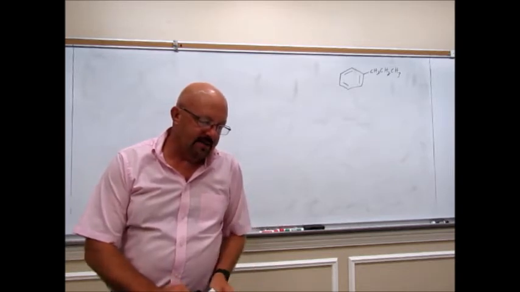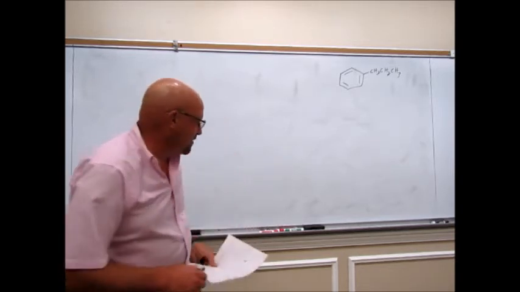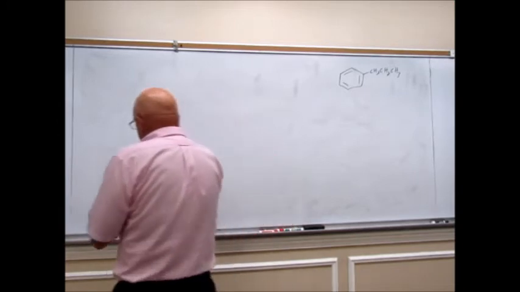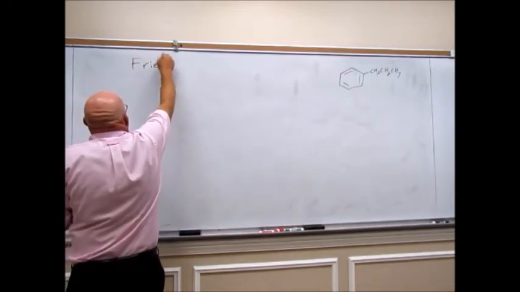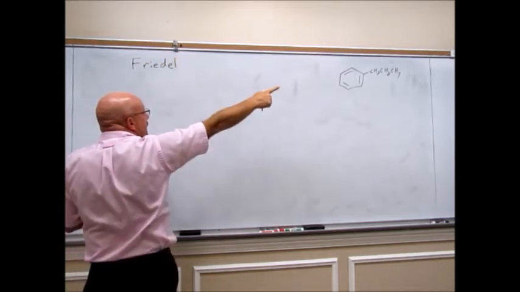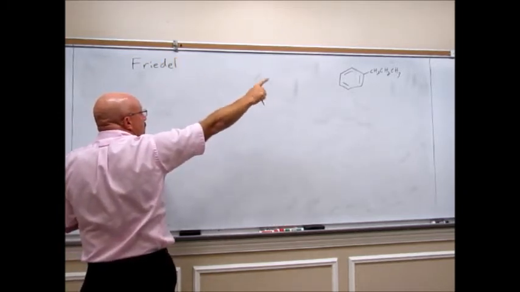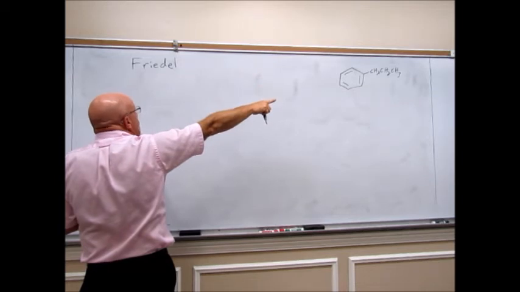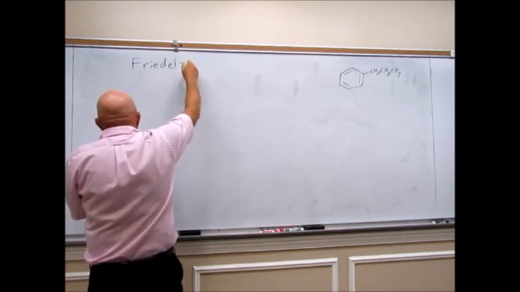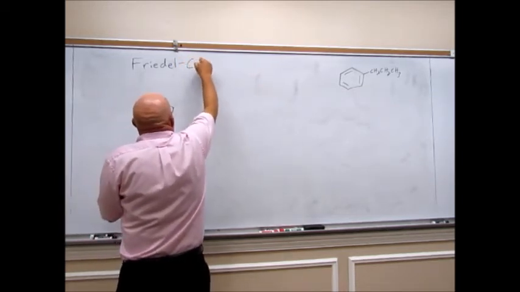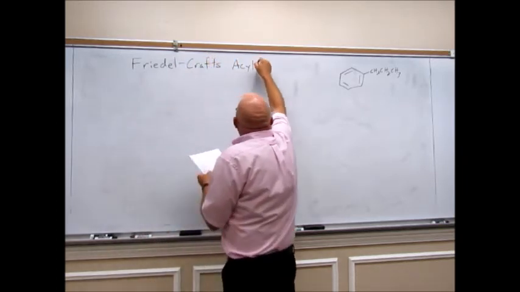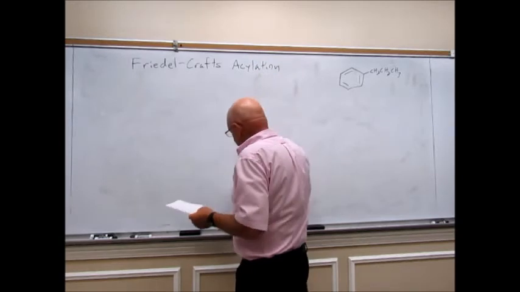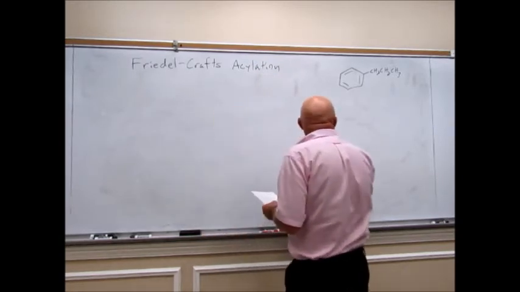We're going to look next at a Friedel-Crafts acylation. And I'll come back to that compound a little bit later. We'll learn how to make that using a Friedel-Crafts acylation. So this is acylation instead of alkylation.